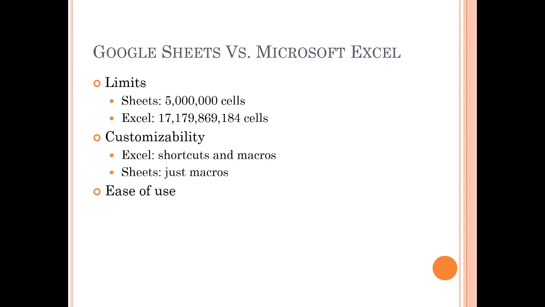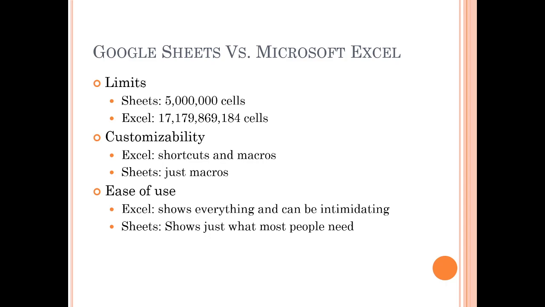For ease of use, we find that Sheets tends to be a little better because Excel can be just like, here's everything, and it can be kind of scary sometimes. So Sheets just shows what most people need to see.